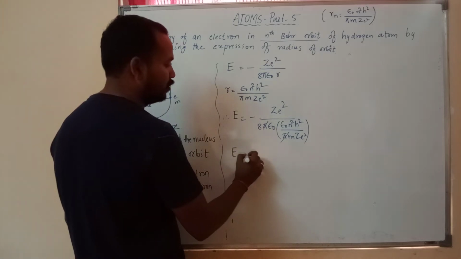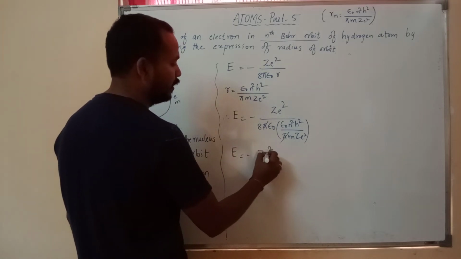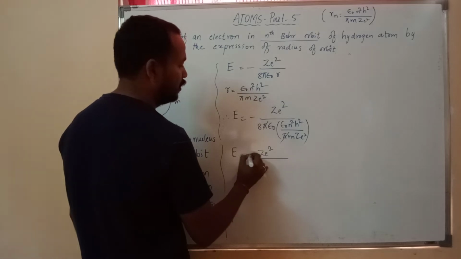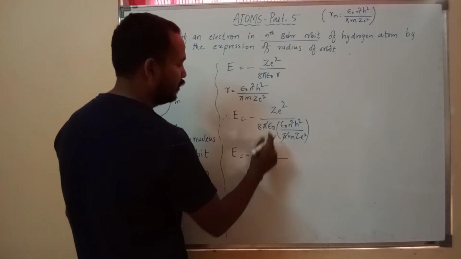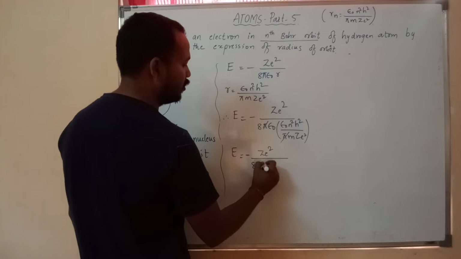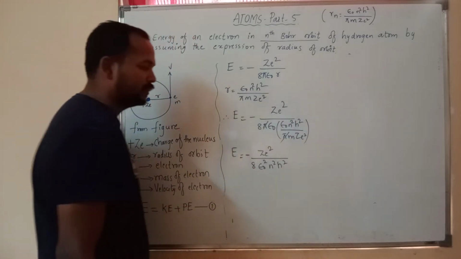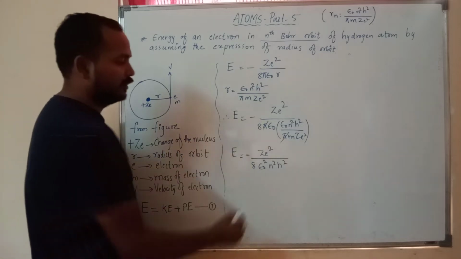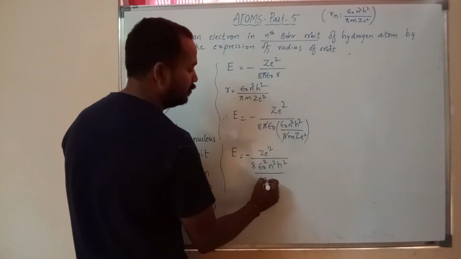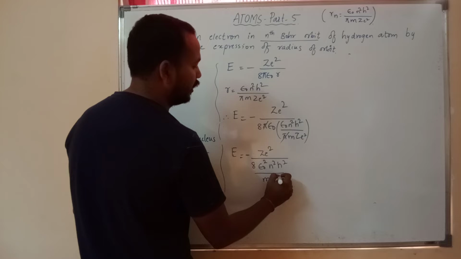Then E is equal to minus Z square upon 8 epsilon naught into epsilon naught square n square h square, divided by m Ze square remaining.